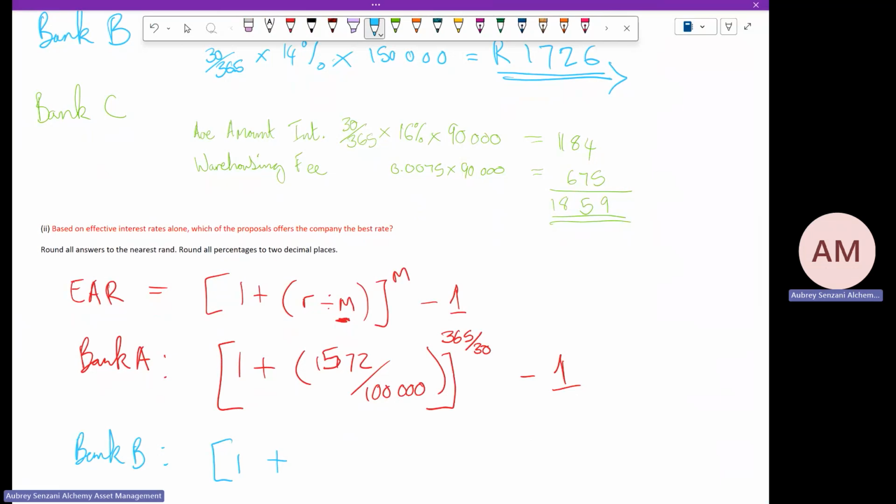So we have a year of 365 days to find out the number of periods we have in the year, because remember, we're trying to get the effective annual rate. So we're trying to get the rate per year, isn't it? So that's why we're doing it that way. Is it making sense? Because M is number of periods. So here. And this is 150.